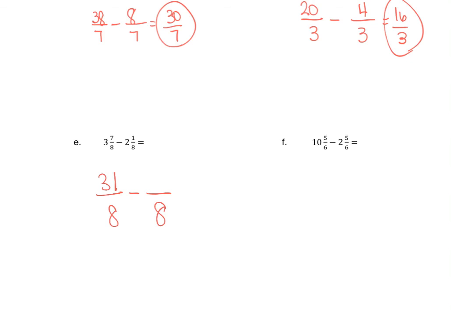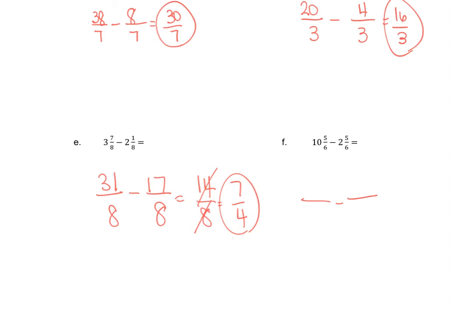I get 31 over 8 and 17 over 8. I get 14 over 8. Cutting them both in half, I get 7 over 4.